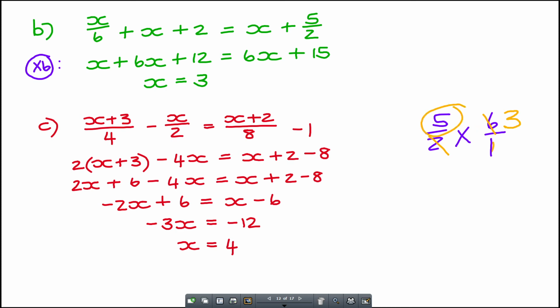And 5 times 3 gives me that 15. Okay. Are you fine with that? Yeah. Minus 3x got minus 12. Now, in order to get the full, you're fine.